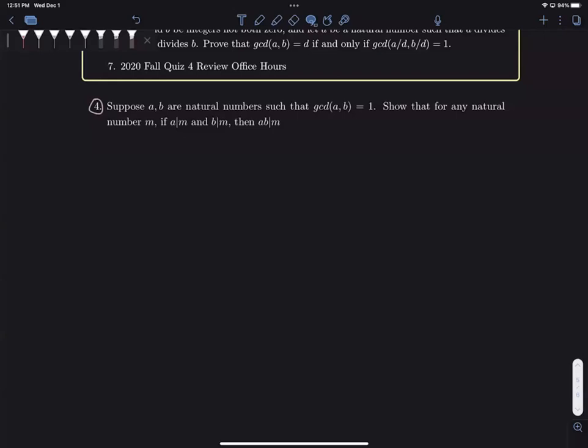How do I do four? No, you don't. You don't need to use Euclid's lemma.